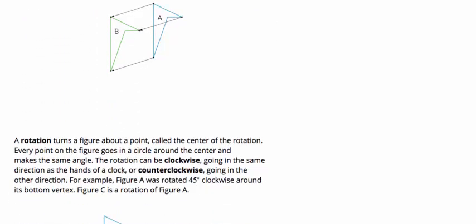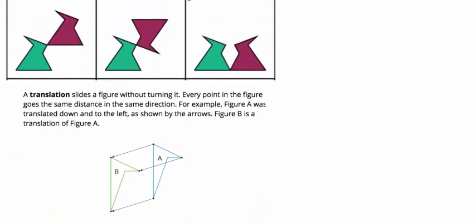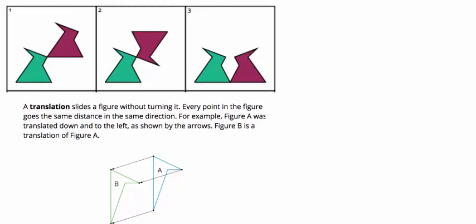A rotation turns a figure about a point called the center of rotation. So if we look at card number 2, we have a center of rotation right here that does not move, and it turns around that to land right on top. If we take the green figure and we rotate it this way till it lands on top of the red figure.